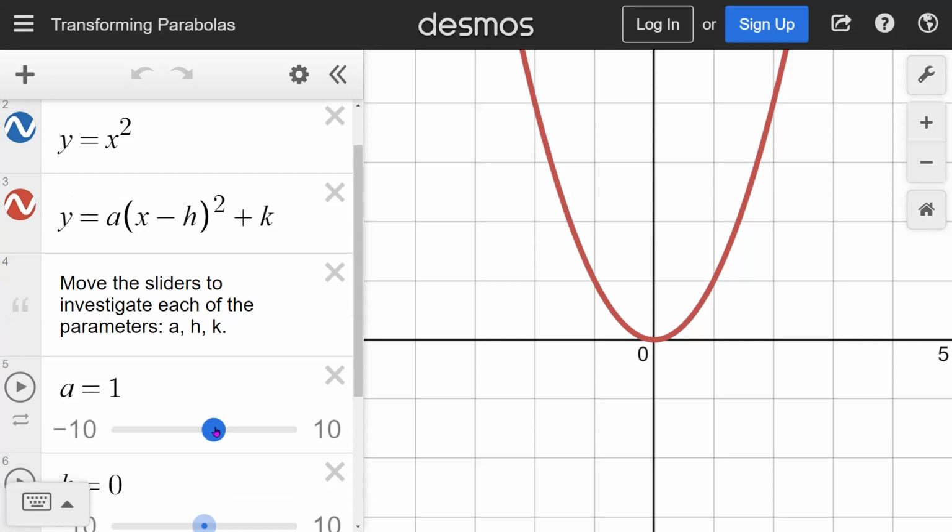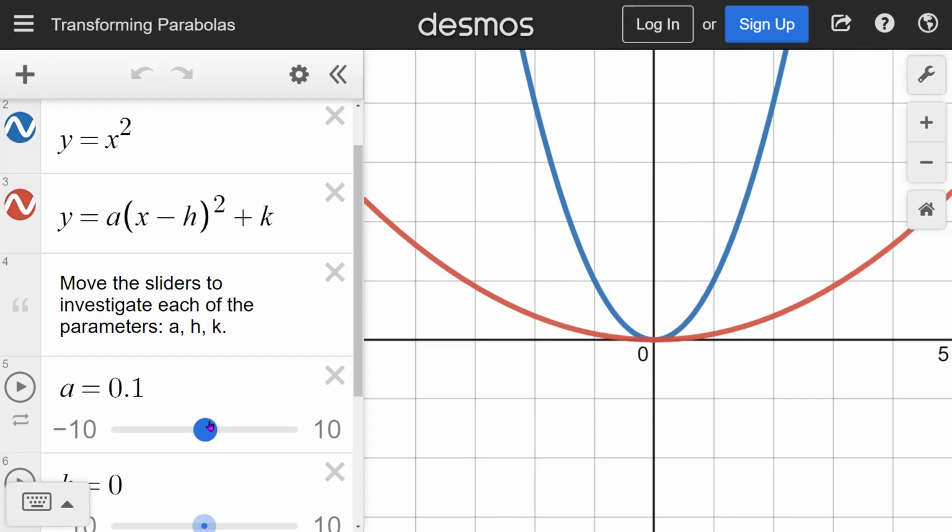As I make this bigger, so I'm making it a bigger number, you see that it's making this thinner. We call that vertically stretched. So any a that is bigger than 1 is going to make it skinnier, narrower, vertically stretched. If I go to any number less than 1, but greater than 0, it's going to make it wider.